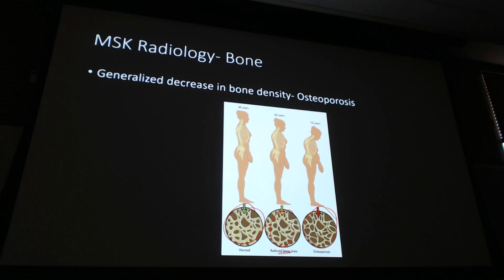And then the decrease of that trabecular pattern, it hurts, it compresses down, and now she either leans this way because it hurts to stand straight up and put all that weight on the spine, and then she ends up with the hunchback, or those vertebrae are starting to compress because they don't have that strong trabecular framework like they used to, and so it's kind of shortening her, right? That's why we get shorter, we're all gonna get shorter, primarily women.